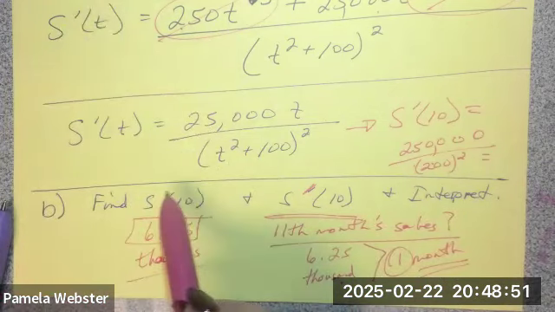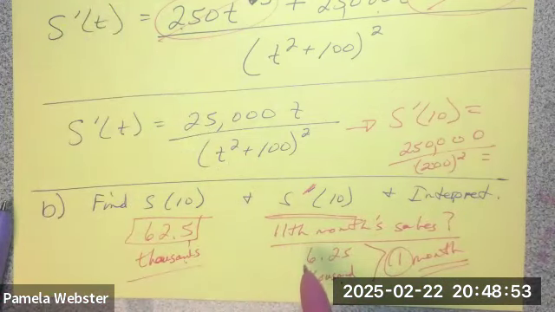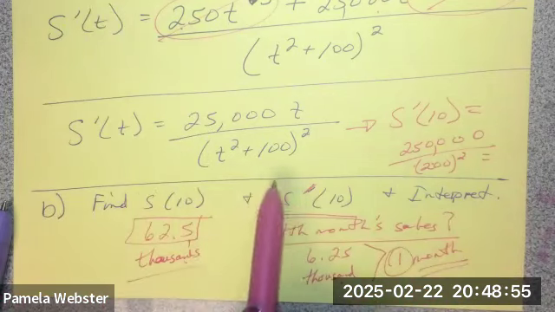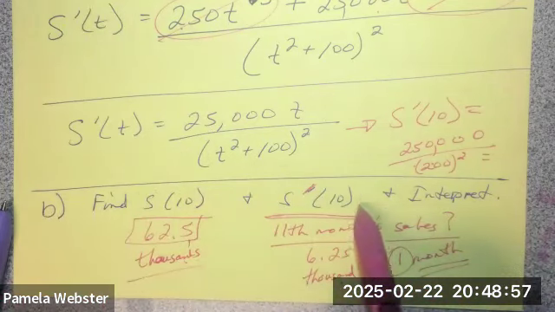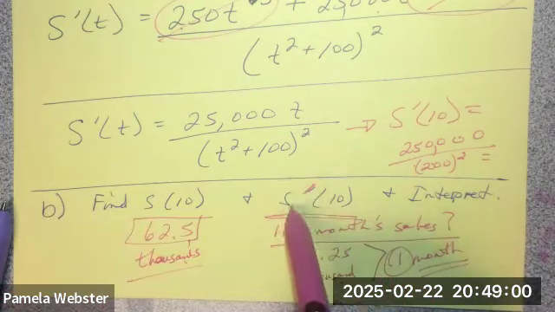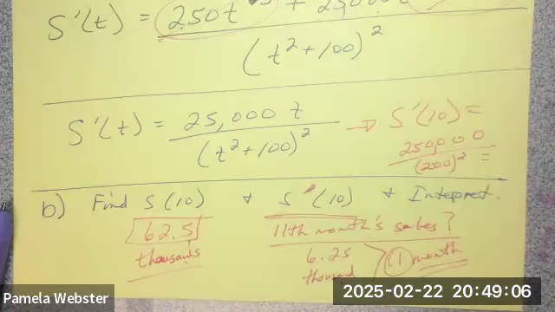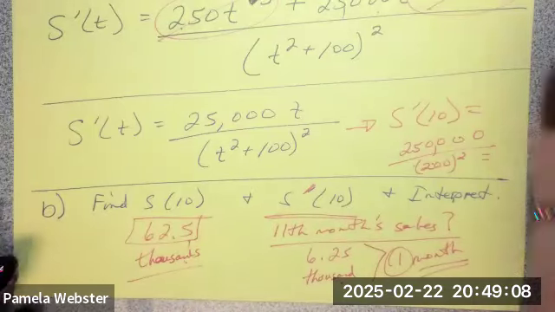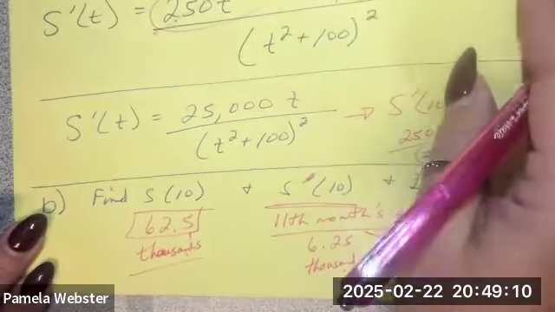So this is a total of 10 months. This is just the next month. So be careful. Remember how to interpret these. This is marginal. Whenever I'm dealing with derivative, the marginal sales here or the next month, that's what it would be.